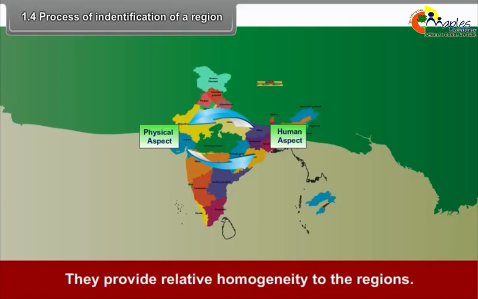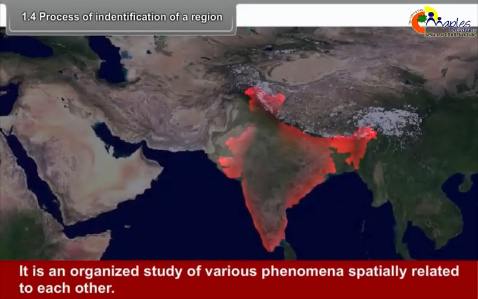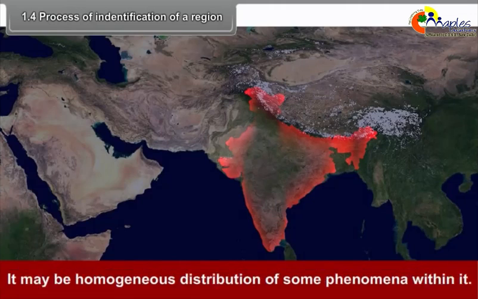They provide relative homogeneity to the regions. Homogeneity is the foundation of the regional approach. It is an organized study of various phenomena spatially related to each other. There may be a homogeneous distribution of some phenomena within it.